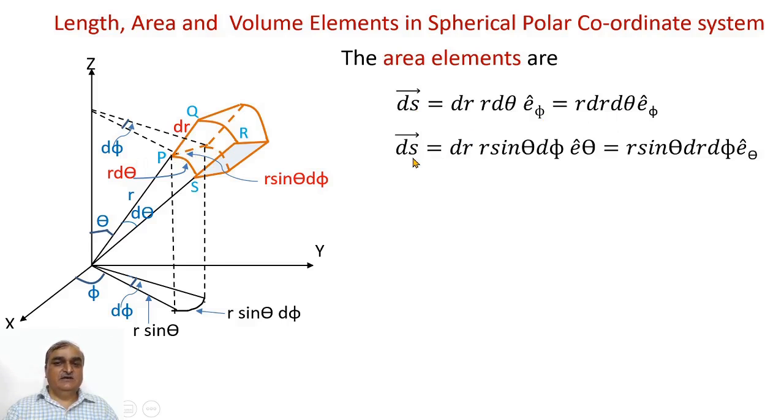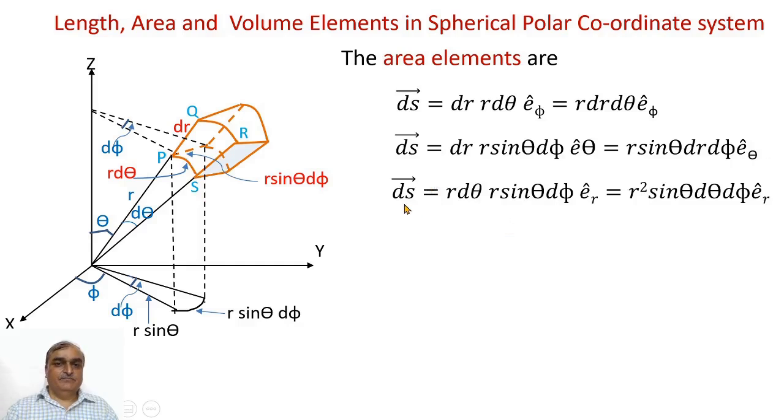Then the second area: this is dr, and this is r sin theta d phi. For this area, the second area is r sin theta dr d phi into e theta cap. Normal to this area is e theta cap, because this is the theta curve, and the tangent to this theta curve is e theta cap. Therefore, normal to this area is e theta cap.